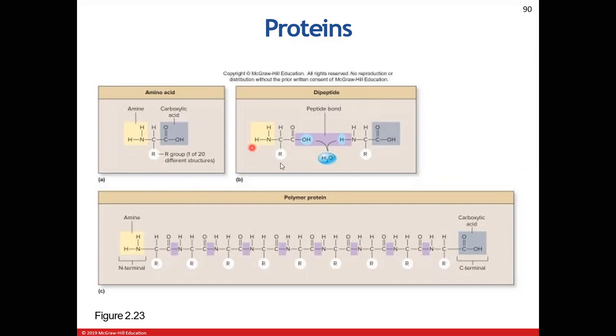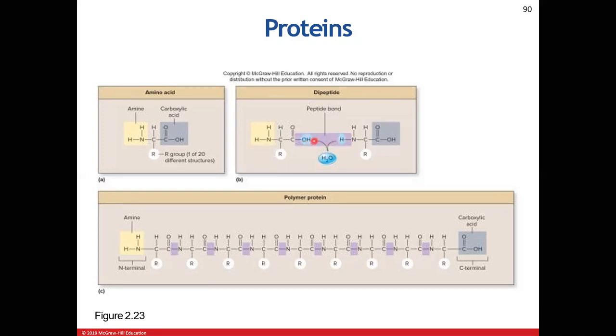When we look at the peptide bond and we actually form a bond between individual amino acids, again, here's the amine group of one, here's the carboxylic acid of another. And when we start adding them together or getting them to bond with each other, you'll notice that we take the hydrogen of the amine and the OH of the carboxylic acid group.